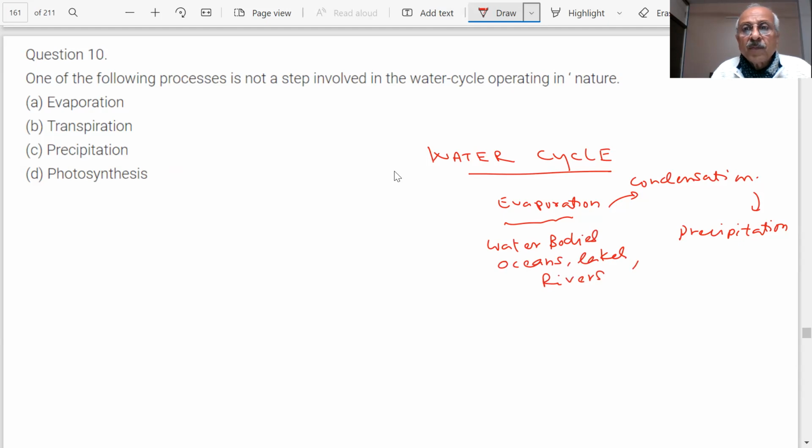Anything else? Water coming from any other sources? Beautiful pictures have been given for the water cycle to you in our video lecture, students. Have you seen anything more than that?